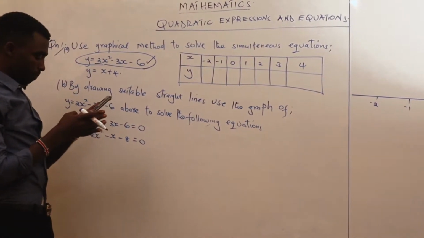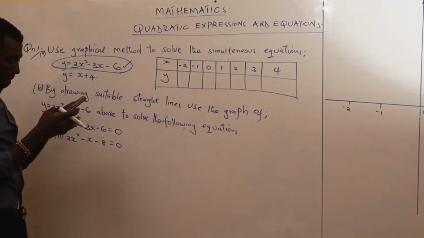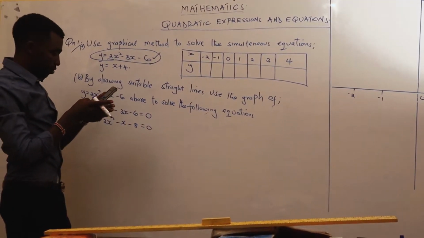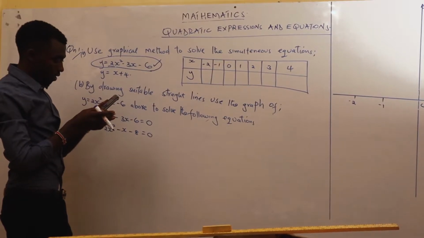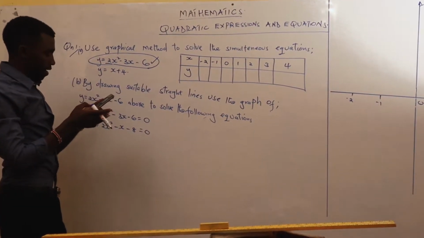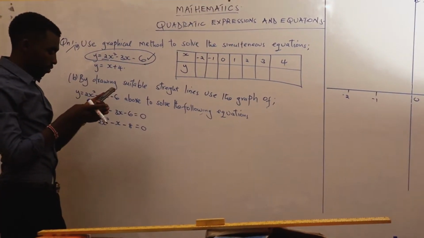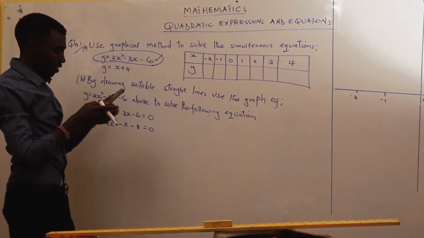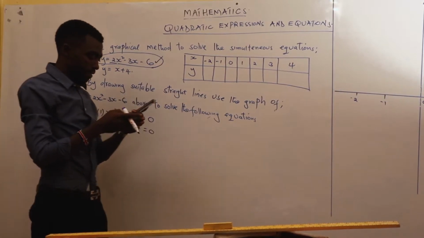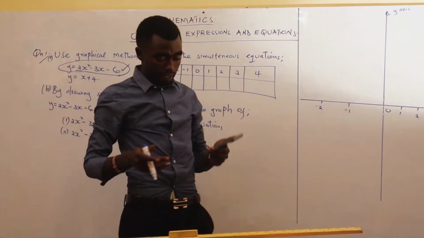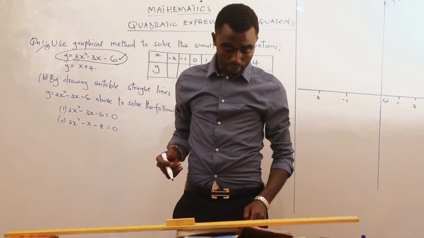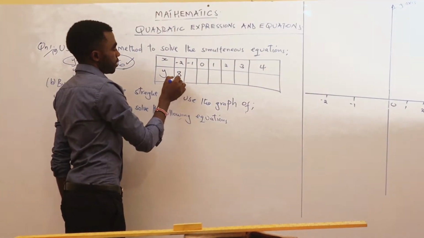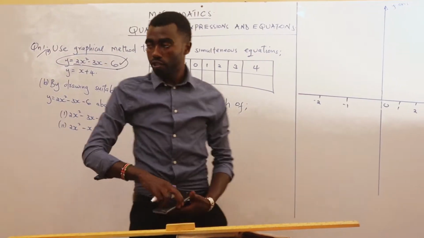That is 2 in brackets negative 2, close the brackets, squared, minus 3 in brackets, x, which is negative 2, close the brackets, minus 6. So the answer you're going to get will be positive 8. This is positive 8.